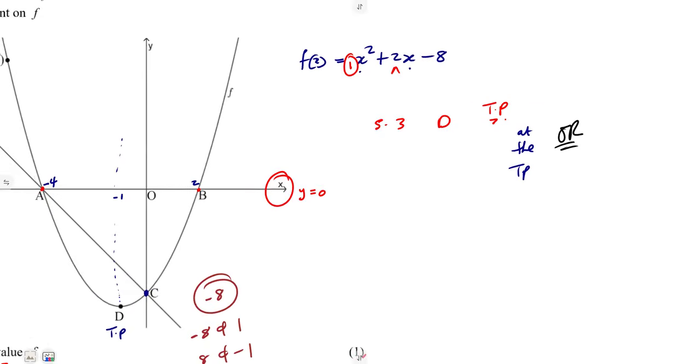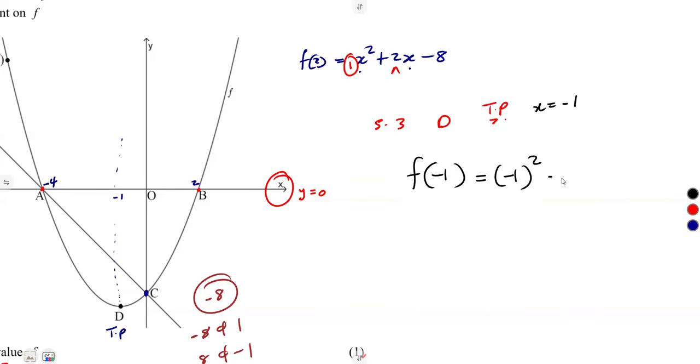There are so many ways that you can use, but we can see that at the turning point our x is equal to negative 1. To find the value of y, you substitute back into our original function. So that is f of negative 1. When x is negative 1, substitute that. So that's negative 1 squared plus 2 times negative 1, minus 8.